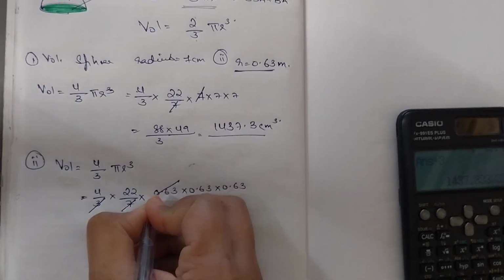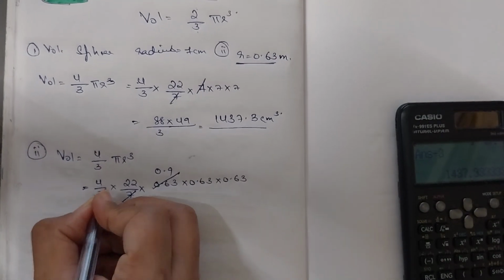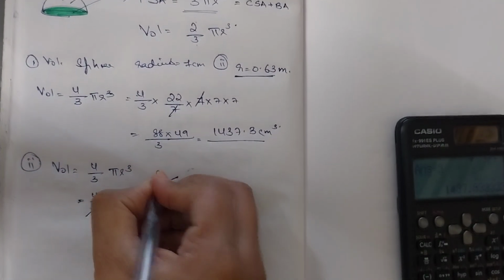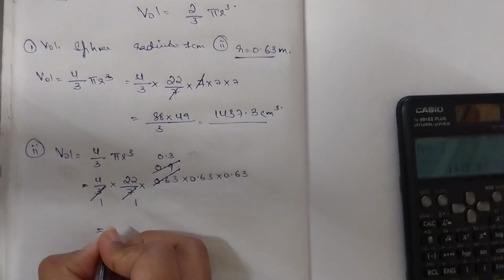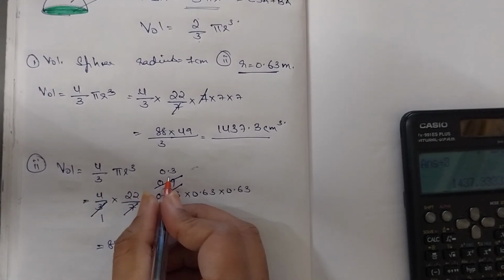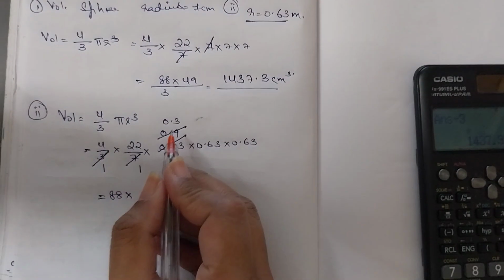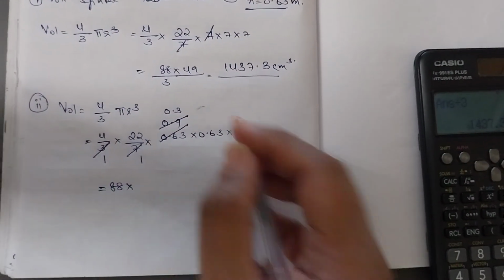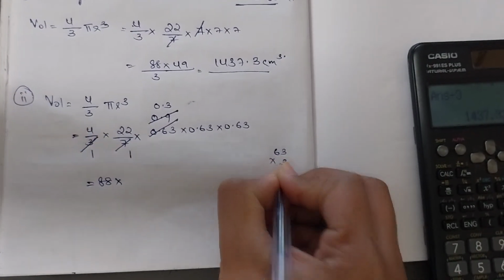7 one times 7, and 7 nines are 63, but 0.9 will come. Then 3 one times 3, and 0.3 will come. This multiplied with 22 becomes 88, and then I need to start multiplying all of this. When I'm doing it, this multiplies with this: 63 multiplied by 3.